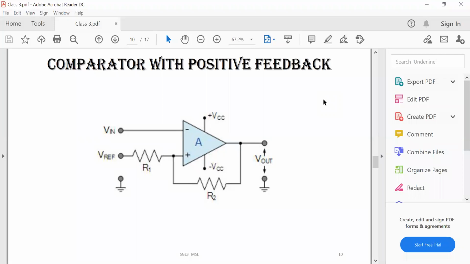Okay. So one way to overcome this type of problem and to avoid the op-amp from oscillating is to provide a positive feedback around the comparator.